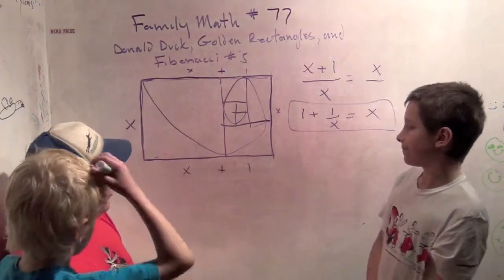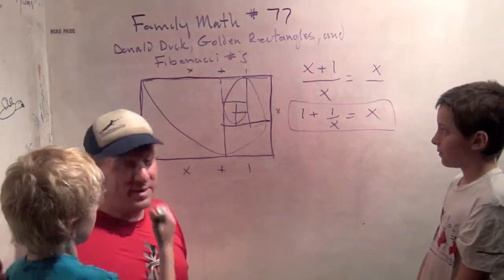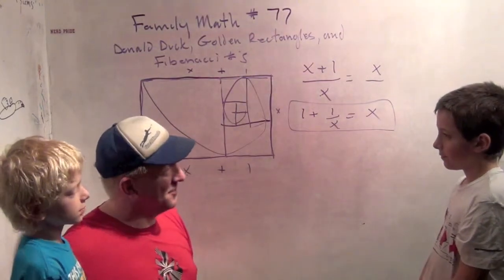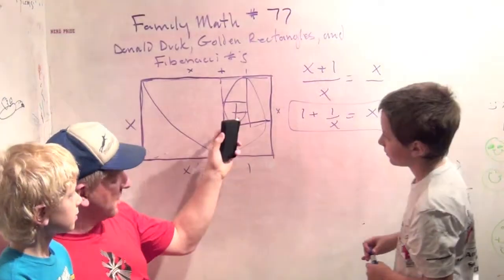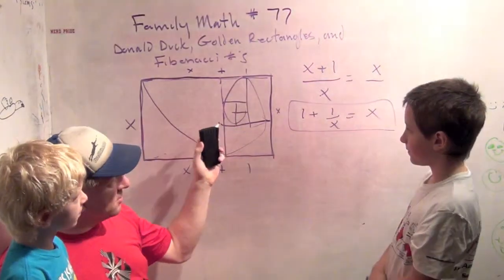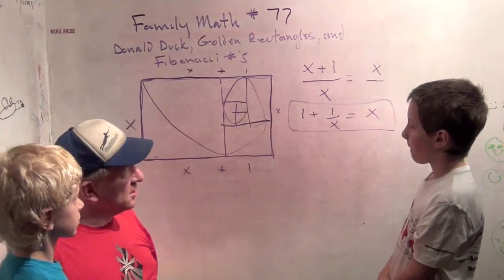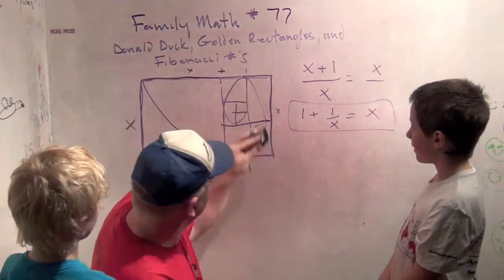Okay? So I may not have drawn it perfectly. In fact, there's no question I didn't draw it perfectly. But we had kind of a neat spiral. And you said this kind of looks like the Fibonacci spiral, right? Yeah. So let's see if we can find the Fibonacci numbers hiding in here. Are you ready? Okay.